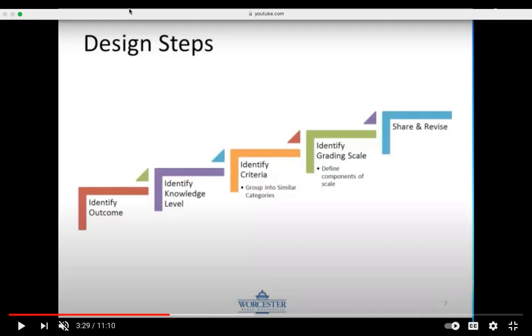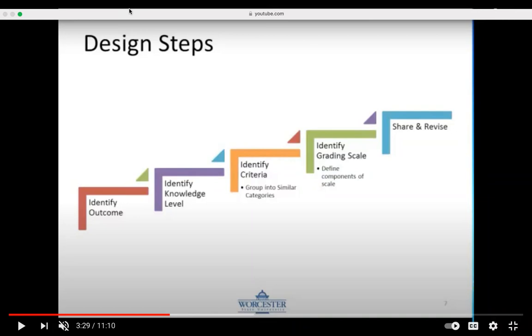These steps follow a logical order before creating the rubric, in order to know what is the objective of the rubric that we are creating. For example, we need to understand what we are going to assess with this rubric. Here we have identify the outcome.